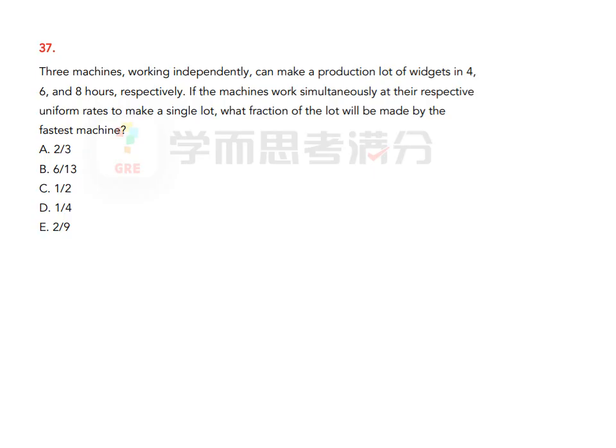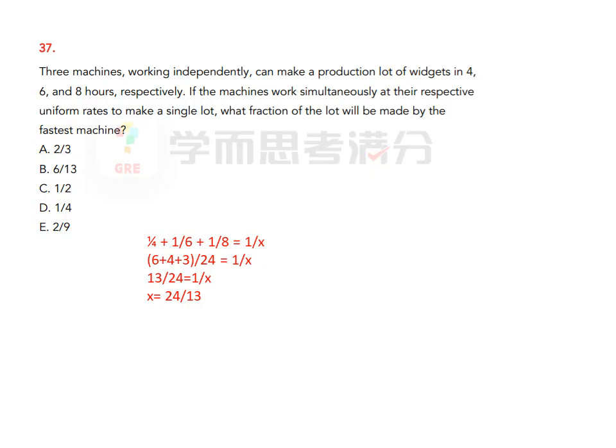We know their individual rates, but we don't know their combined rate. So let us set an equation. Individual rates will be summed up and then we will find the common denominator. So we got x equal to 24 by 13.